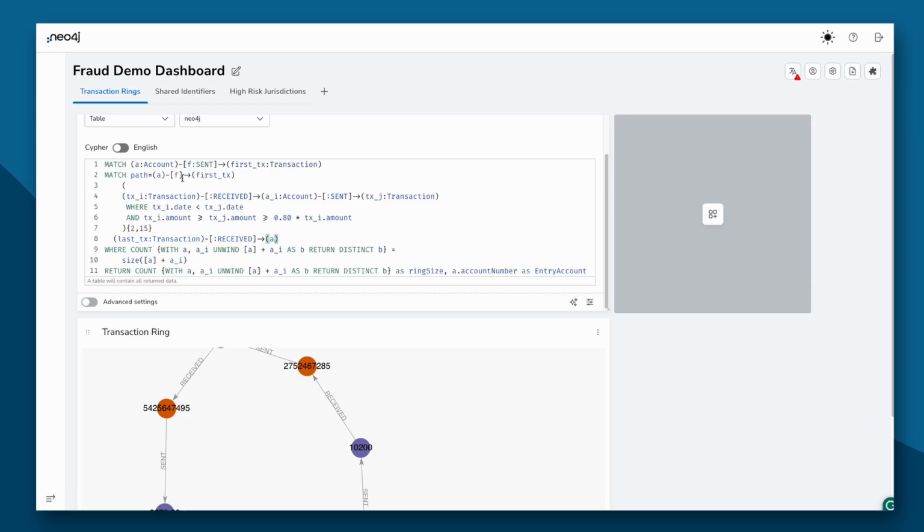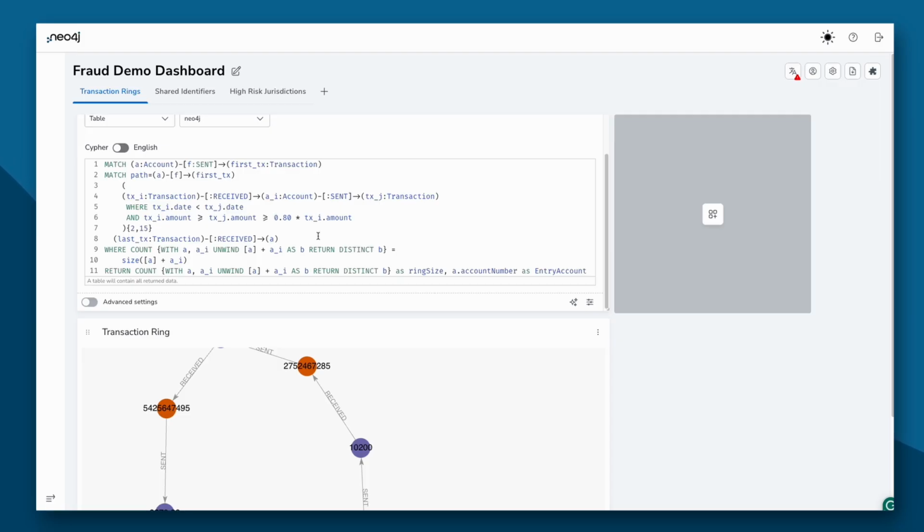We're first of all checking the dates to make sure that the ring is sequential in terms of time. So we look for a transaction followed by a transaction followed by a transaction, not just constructing rings willy-nilly out of dates. And then we're also looking at the amounts of those transactions, because in a typical money laundering ring, each account in the ring is retaining some portion of that money as their fee for laundering the money.